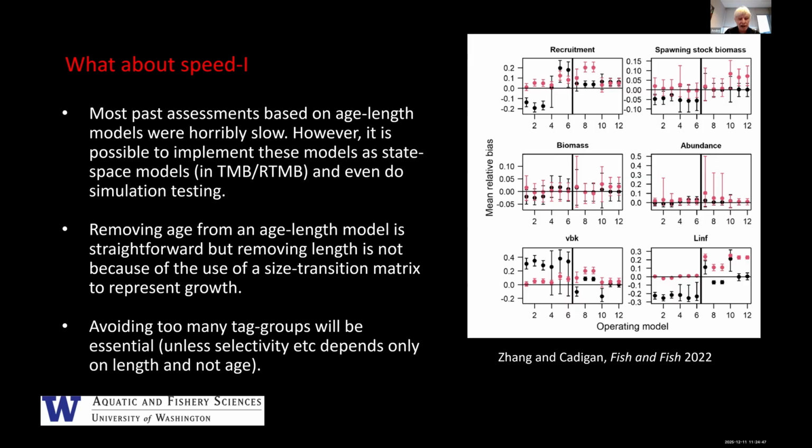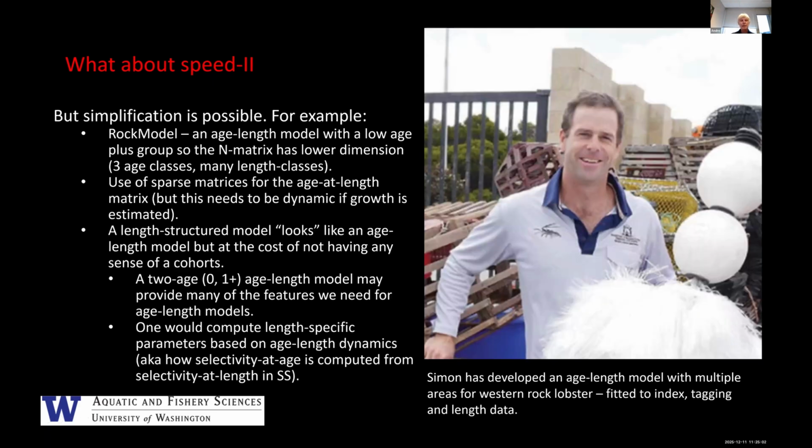I have no solutions to that, except thinking really strategically if we want to run these models in sort of real time, how we deal with multiple tag groups and maybe aggregating over tag groups a bit more than we have in the past.